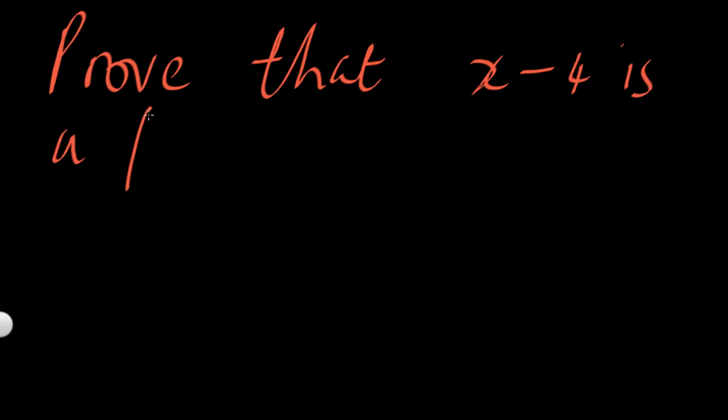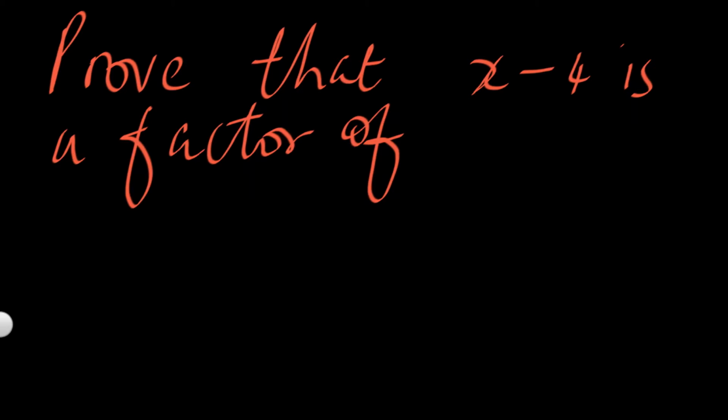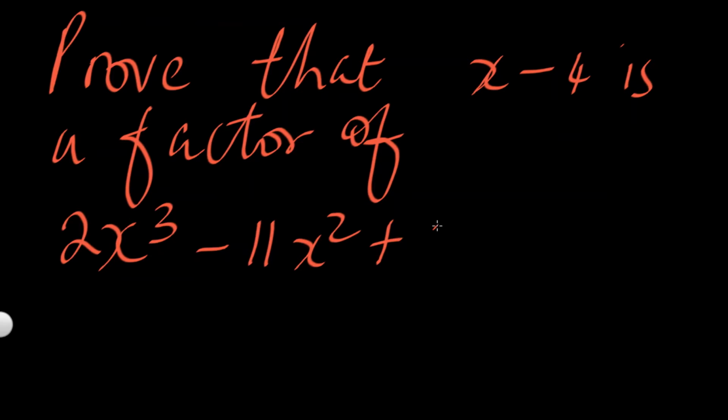You are required here to prove that x minus 4 is a factor of 2x cubed minus 11x squared plus 5x plus 28.